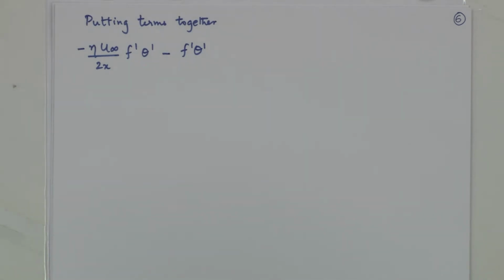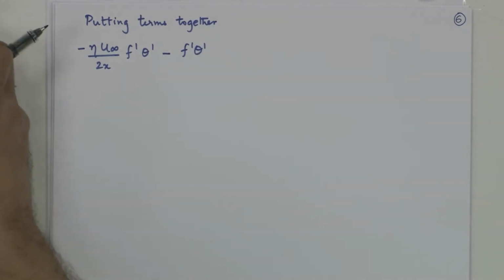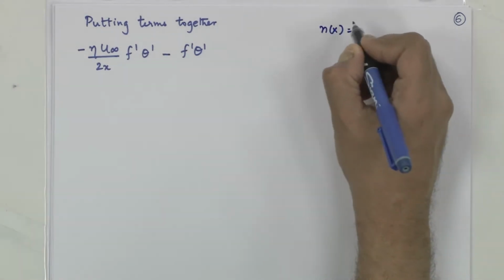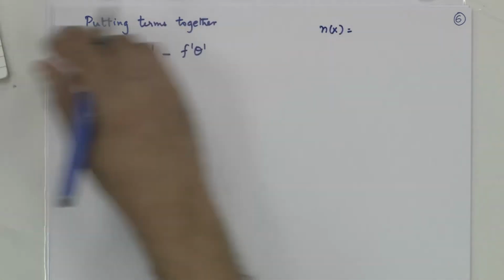So, let us go back to the expression for n of x. We go back to the equation. N of x was, so n of x is root of u infinity by nu x. This was my n of x.